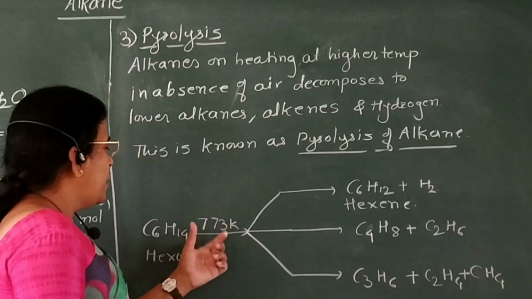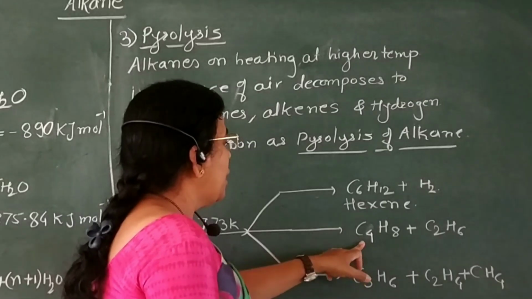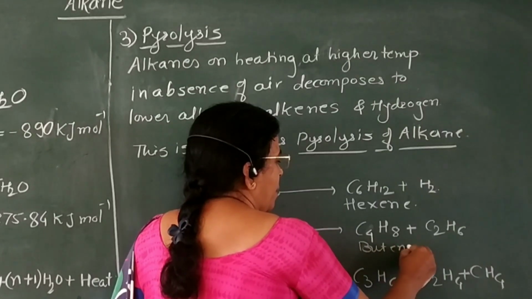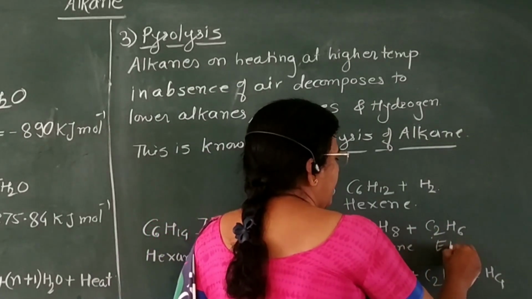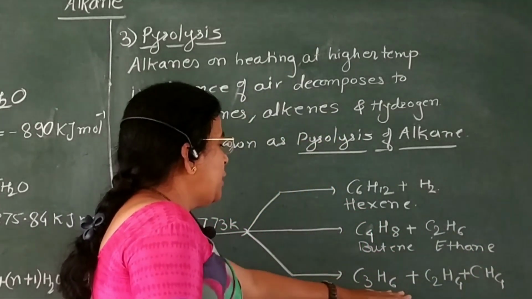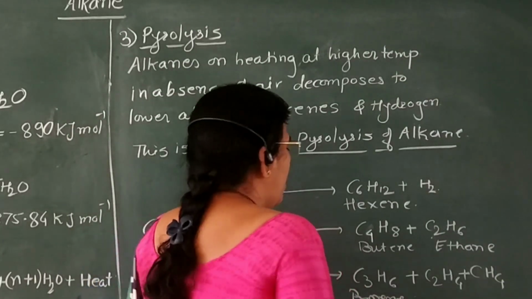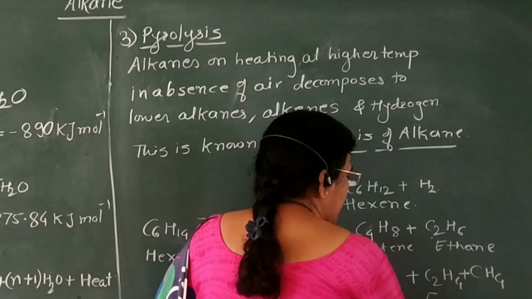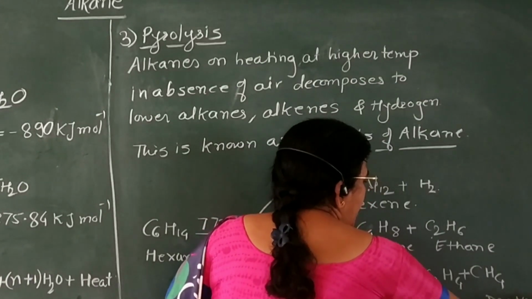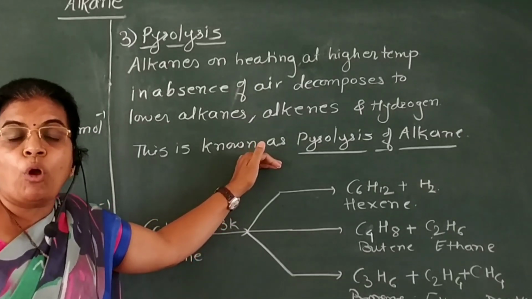Now in second, if this hexane undergoes pyrolysis at 773 Kelvin temperature, then we'll get C4H8, it is butene, plus C2H6, that is ethane. Or here formation of C3H6, now it is propene. Or C2H4, that is ethene, plus methane.